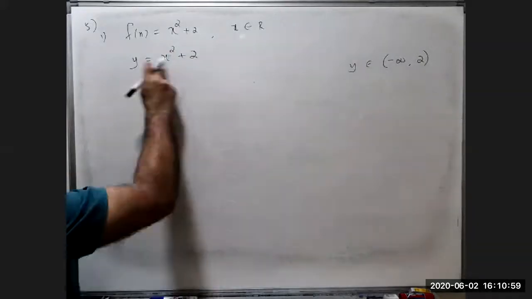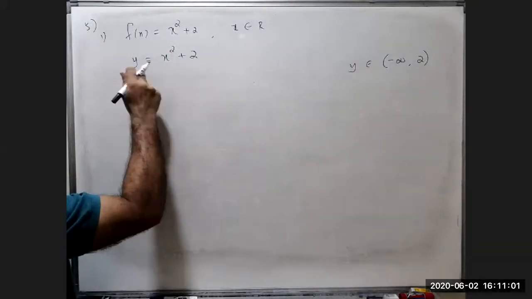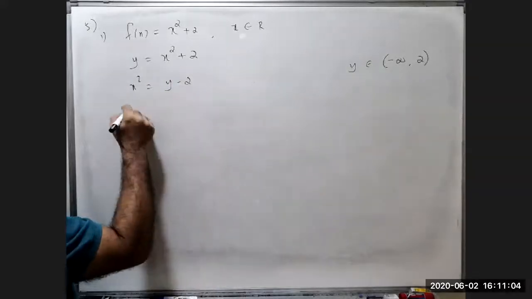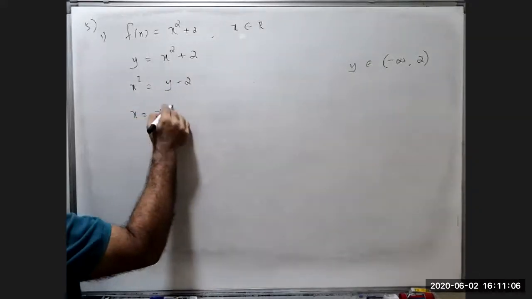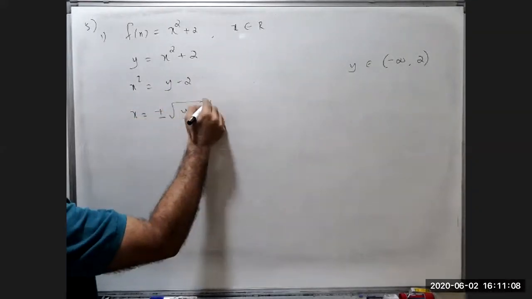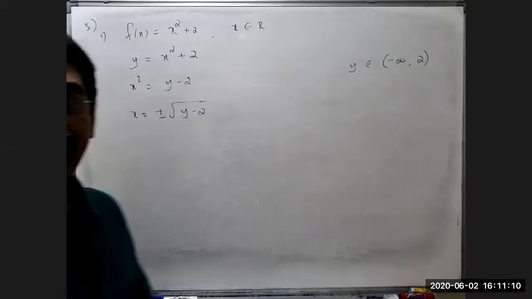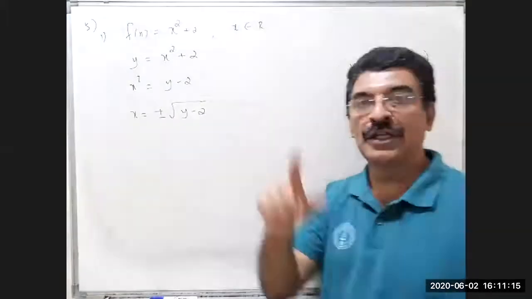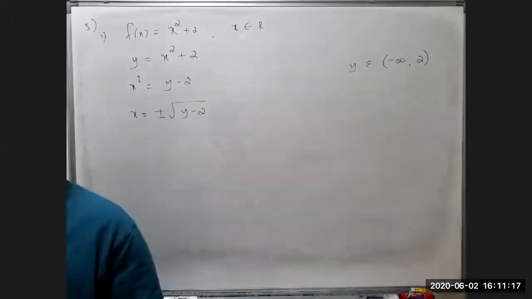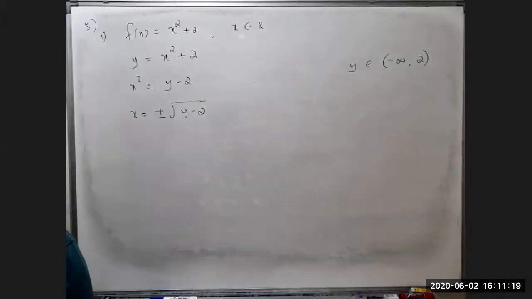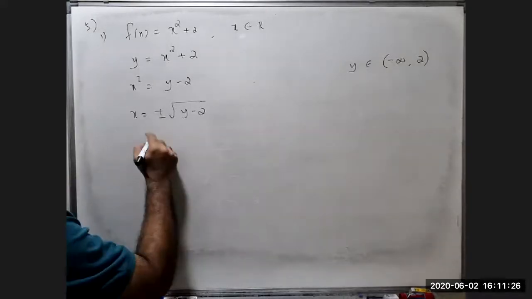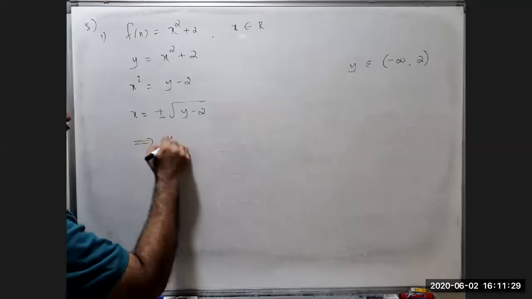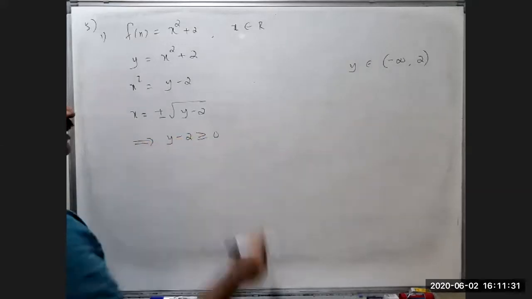We will write x in terms of y. x square is equal to y minus 2. x can be plus or minus root of y minus 2. Whenever a square root comes, the number inside the square root sign cannot be negative. So this implies y minus 2 is greater than or equal to 0.